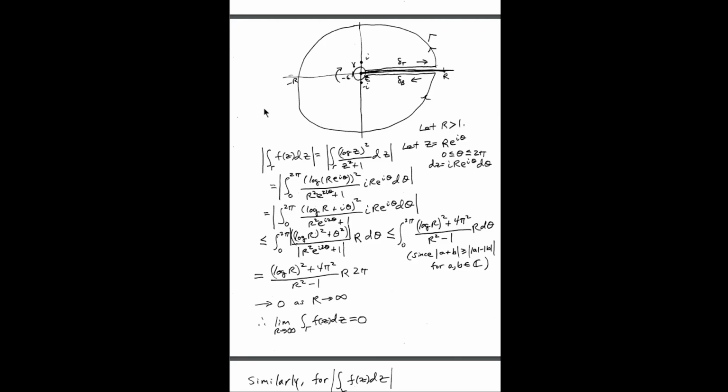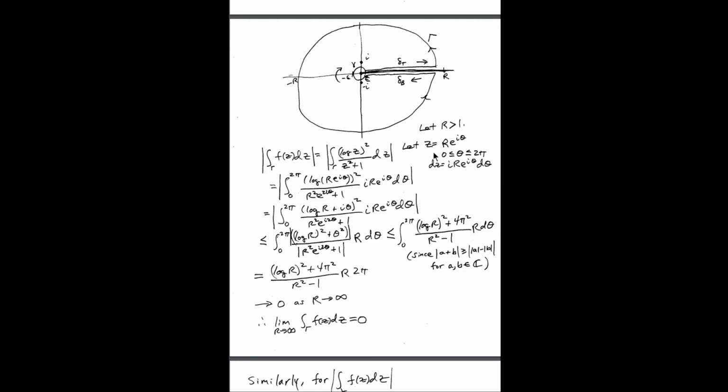And for this, we're going to start looking at the absolute value of the integral over capital gamma. Well, let's rewrite that. That's the absolute value of the integral over gamma of (log z)^2 over z^2 + 1 dz, by the definition of our f(z).